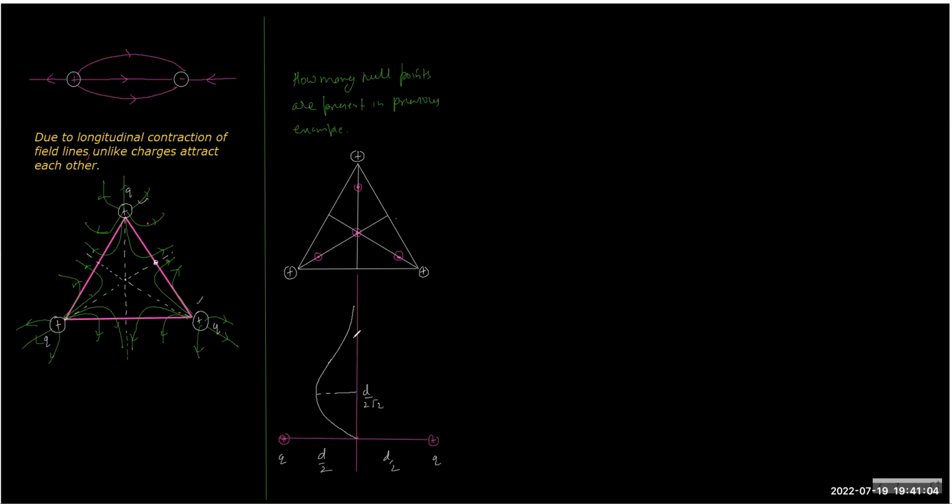Now, if we have a third charge here, it will create its own field, which is infinitely large near it, because near the charge the field becomes infinite. But as you go away, it will decrease.